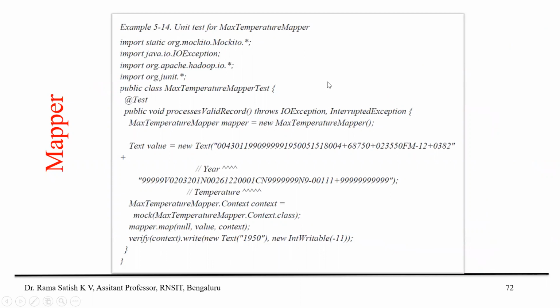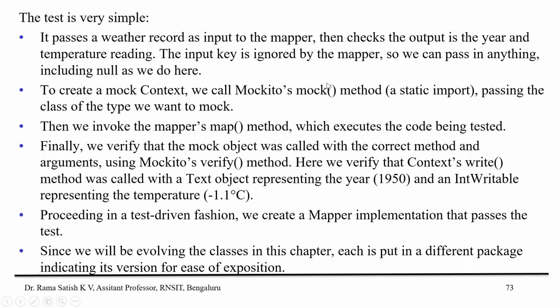Once this mapper unit testing is done, you can certainly see it passes the weather record as an input to the mapper, then checks the output is the year and the temperature reading. The input key is ignored by the mapper, so we can pass in anything, including null, as we do here.